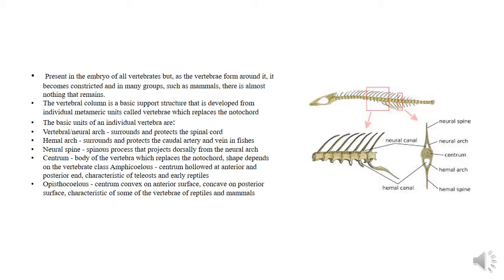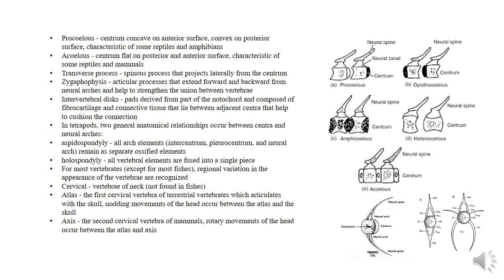Shape depends on the vertebrate. Amphicoelous: centrum hollowed at anterior and posterior end, characteristic of teleosts and early reptiles. Opisthocoelous: centrum convex on anterior surface, concave on posterior surface, characteristic of some vertebrae of reptiles and mammals.